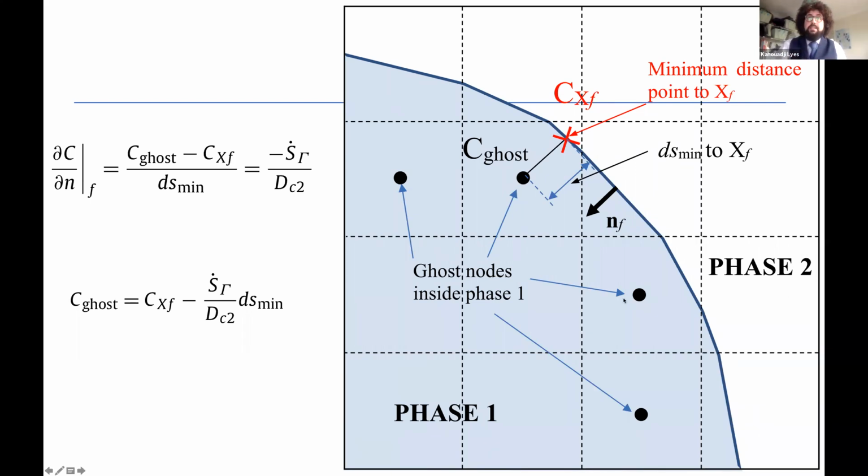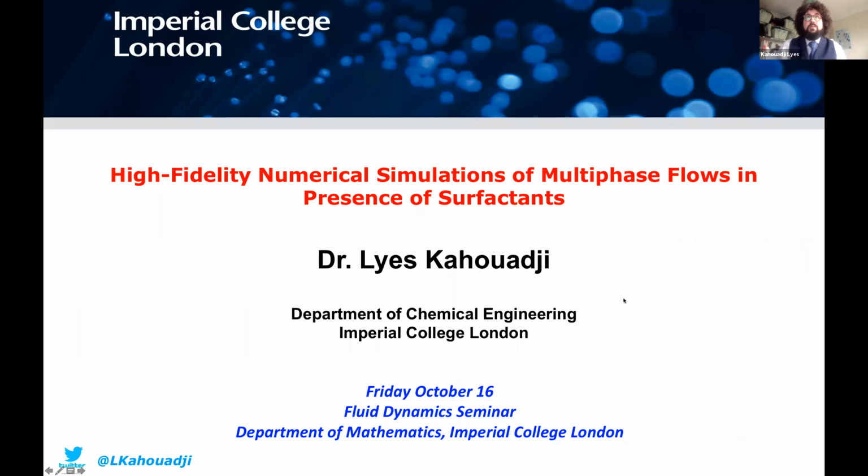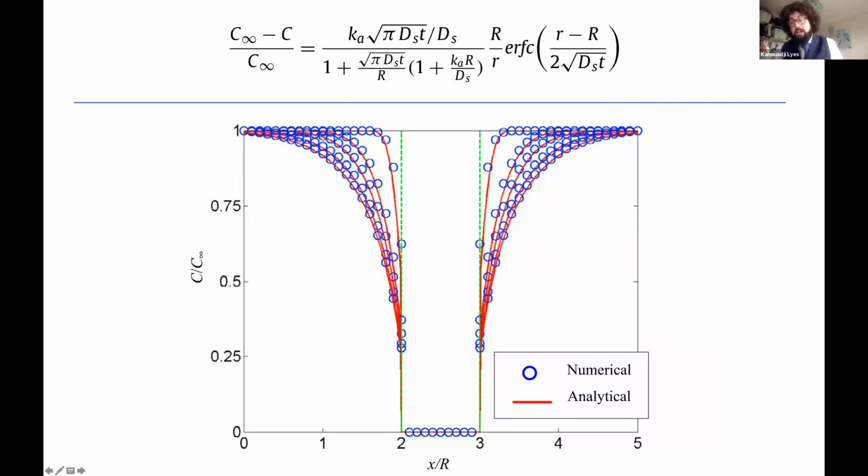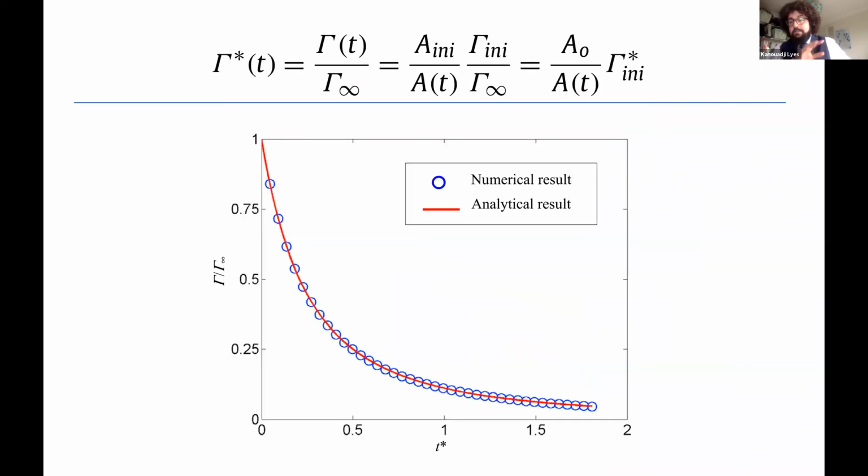It has been very well validated, all the validation that I'm showing here. But with singularities, both coalescence and pinch-off, it's really a numerical criterion based on the size of the grid. It's just a local reconstruction.